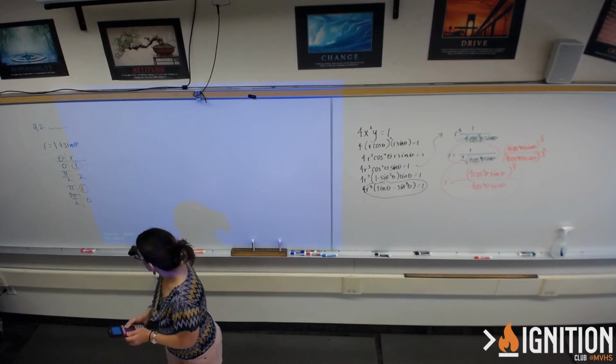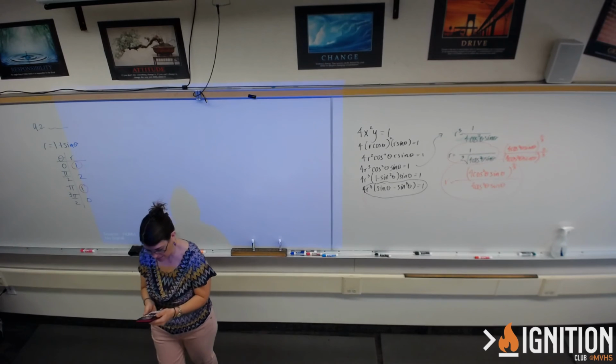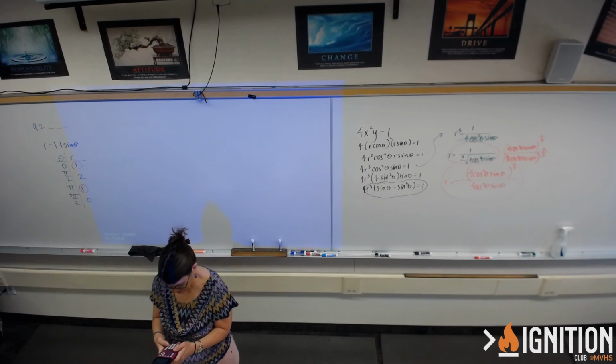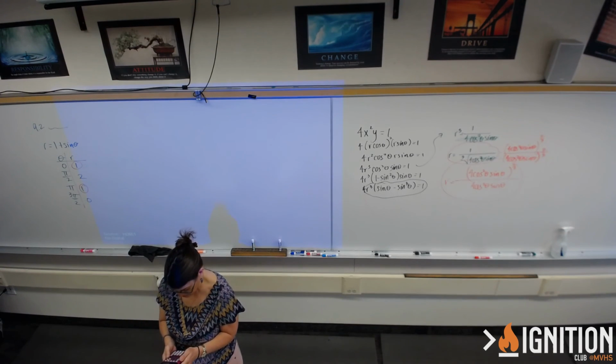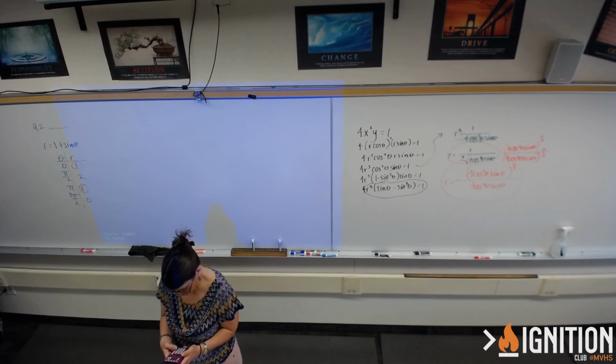Okay, so let's graph 1 plus sine theta. Oh, what happened here? It's like a circle. It's not a circle.